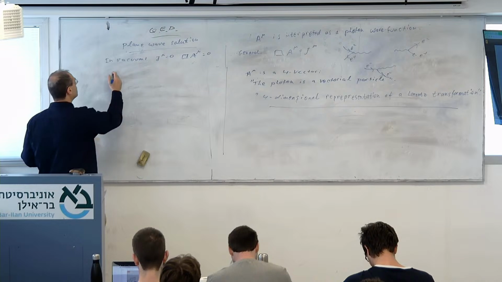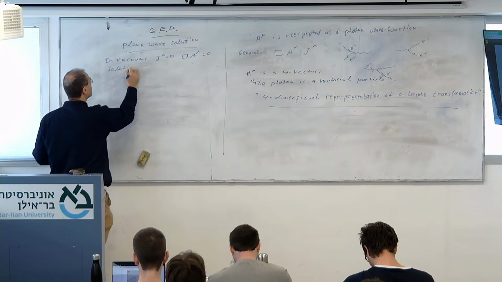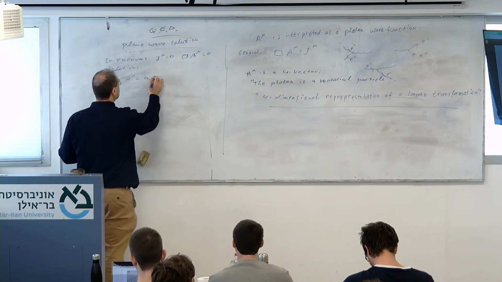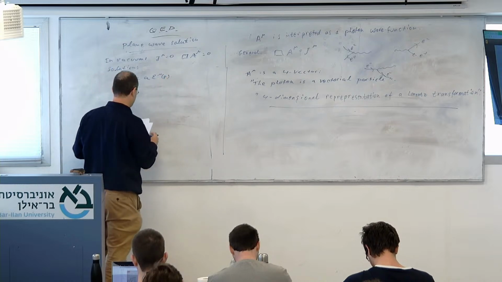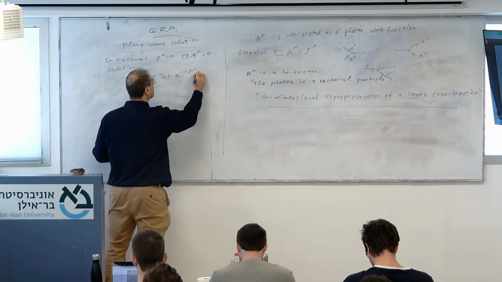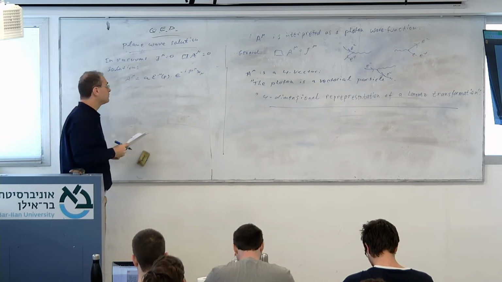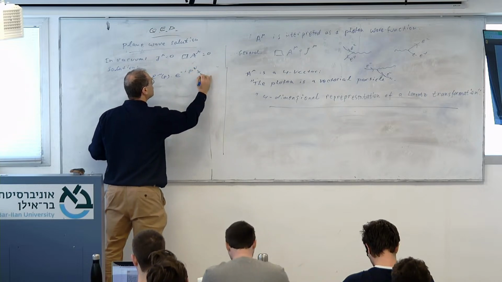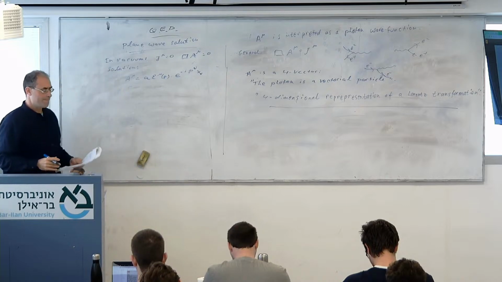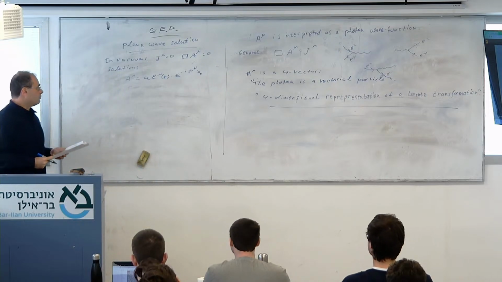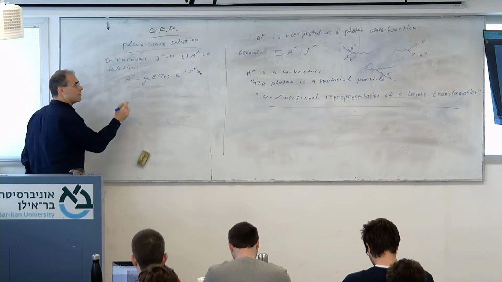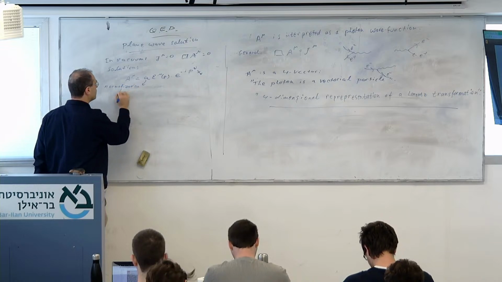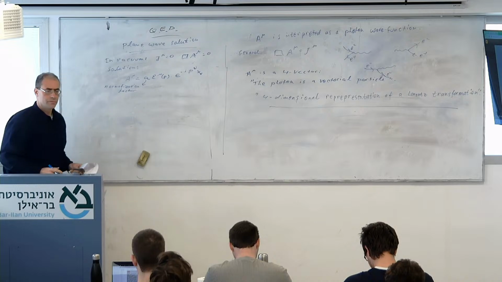So we can write down the solution in the form A mu equals some constant A times epsilon mu of p times a plane wave, e to the minus i p nu x nu. A is the normalization factor that takes all the dimensions. This is where all the dimension is.